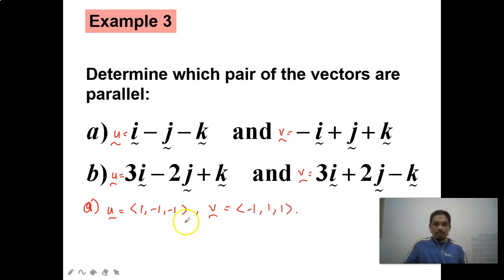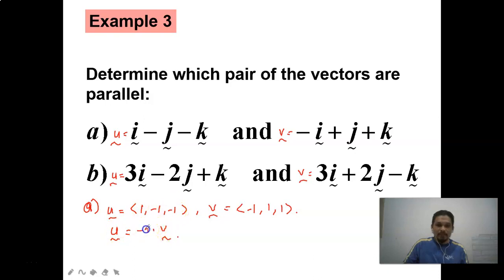So you can see here now, 1 with negative 1, negative 1 with 1, negative 1 with 1, meaning that vector U equals negative 1 multiplied by vector V. Again, vector U is 1, negative 1, negative 1.